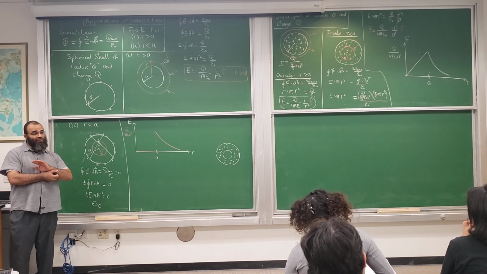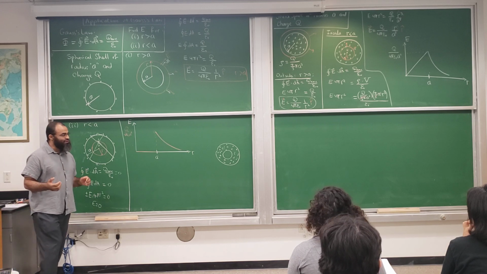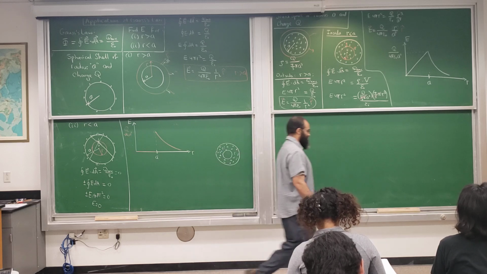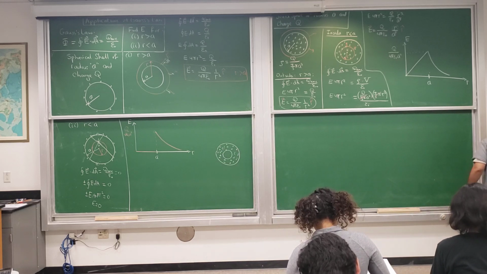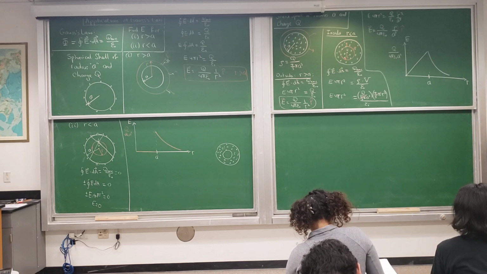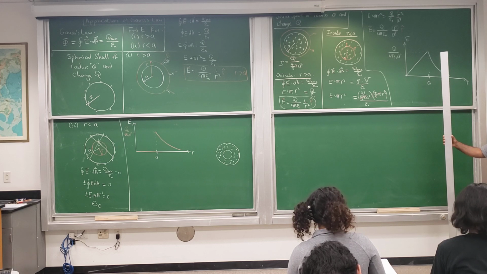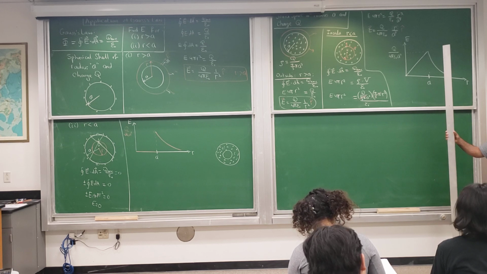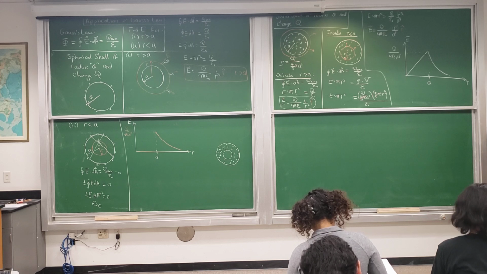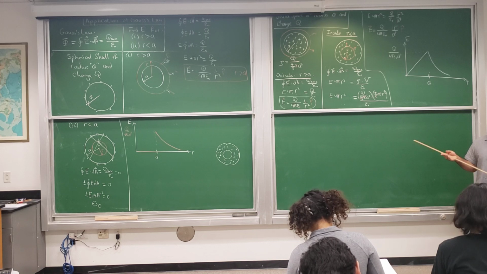Okay, let's talk about conductors and insulators. The difference is as follows. Here's an insulator, wood. Here's a conductor, aluminum, or steel, or brass, or copper, or silver. These are conductors. So insulators and conductors, they both have atoms, so they have plus and minus charges.